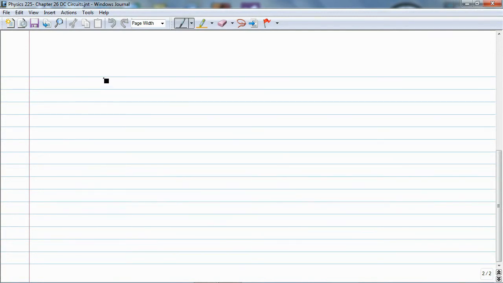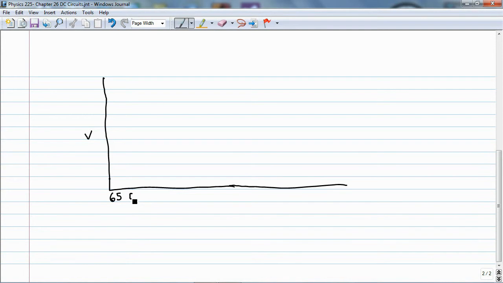And here we're going to look at the potential across a resistor, that 55 ohm resistor, as it starts to go down towards 0.